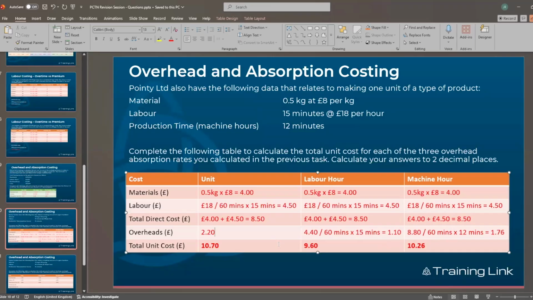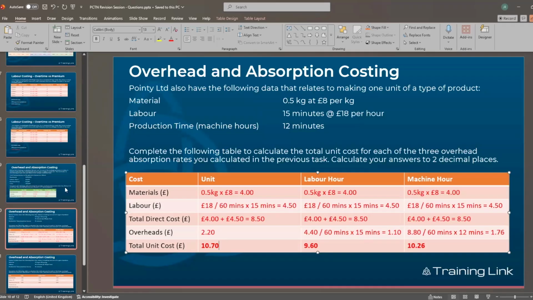You get the same overheads amount and the same total unit cost. And there's a reason for that. When a business only makes one product, you'll always get the same calculations no matter what. It's when a business makes multiple products that you start seeing these differences.